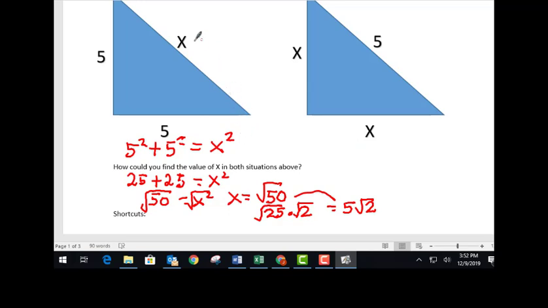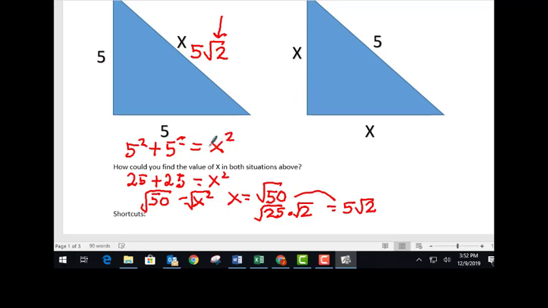So this x would really be 5 times the square root of 2. What did we really add? We just added the square root of 2, because we already had the 5.